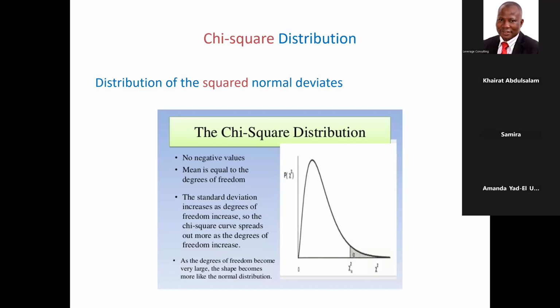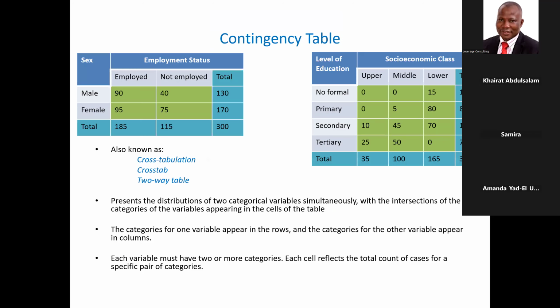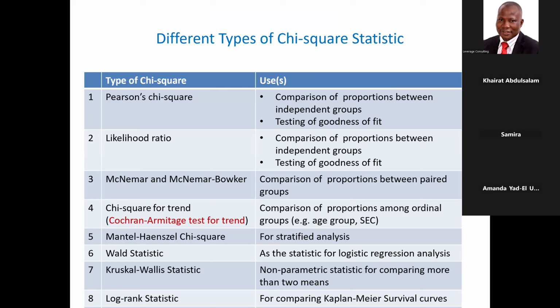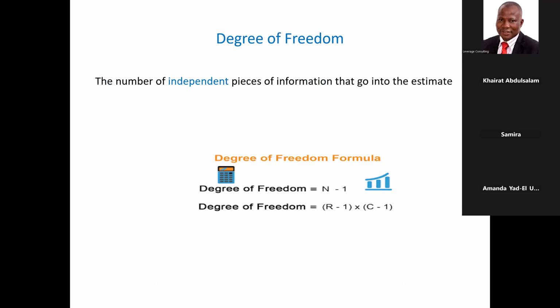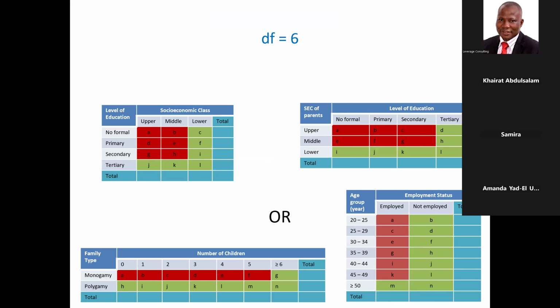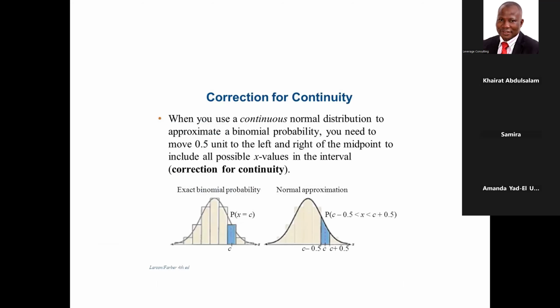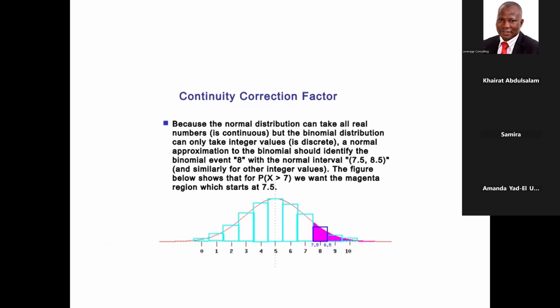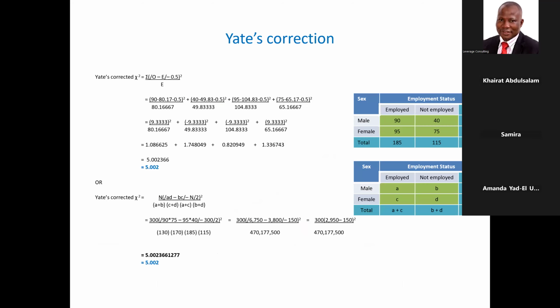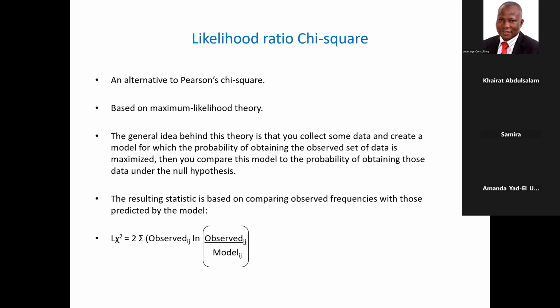In the last session on Saturday, we started a discussion on chi-square, and we have gone through Pearson chi-square, likelihood ratio chi-square, the Yates-corrected chi-square, Fisher exact test, McNemar chi-square, and chi-square for goodness of fit.